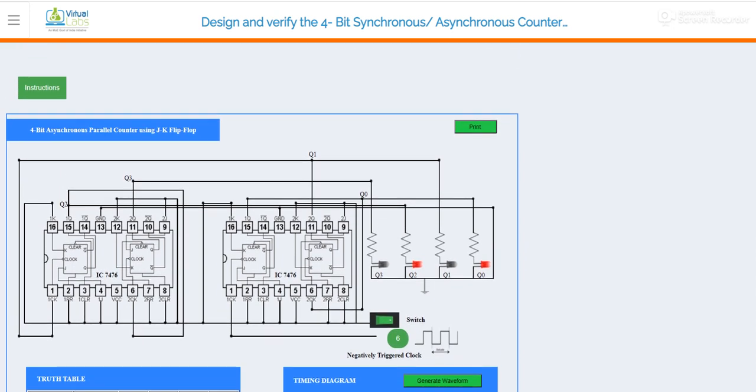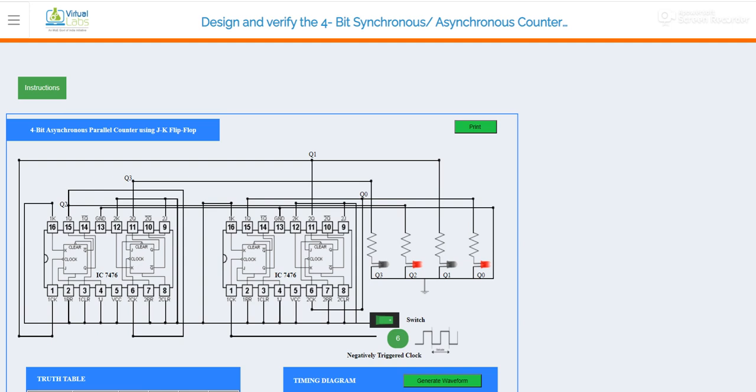And please remember the difference between asynchronous and synchronous. In an asynchronous circuit the output of the previous flip-flop is connected to the clock of the next flip-flop, while in the case of synchronous counters the clocks of all flip-flops are connected to a single clock.